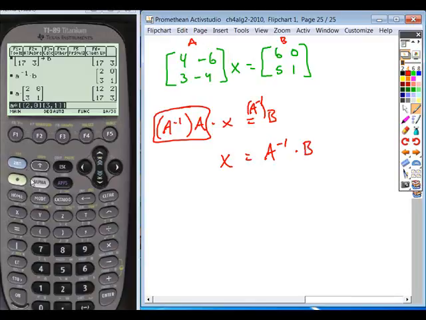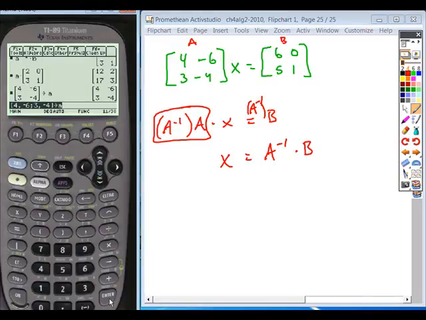And so now if you enter this information, 4, -6, followed by 3, -4, we'll store that. Again, you can call it whatever you want. I'm just going to put it back into A and B here.